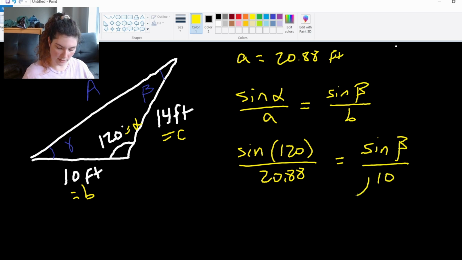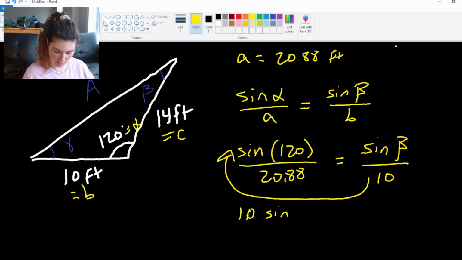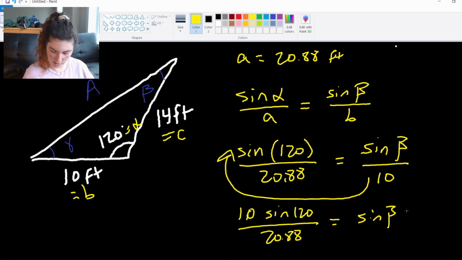So we multiply the 10 up on this side, and if we plug into the calculator, 10 sine 120 over 20.88, we're going to get that sine beta equals 0.414.